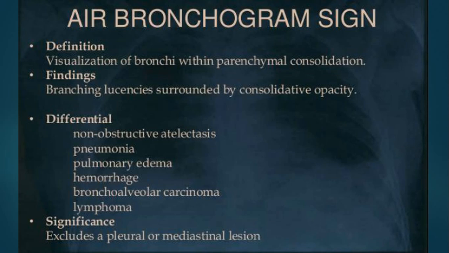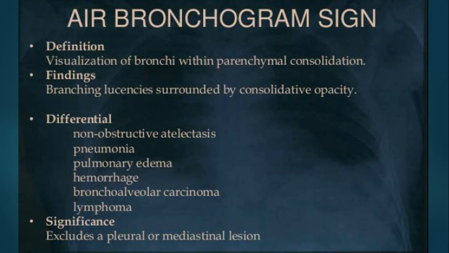It's either non-obstructive atelectasis, there is no obstruction, pneumonia, pulmonary edema, hemorrhage, bronchoalveolar cell carcinoma, and lymphoma. So when you see an air bronchogram, you have to keep these six items in mind.